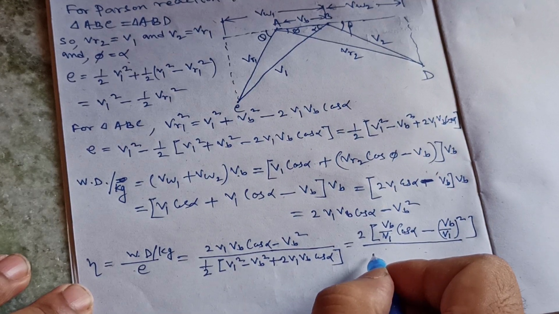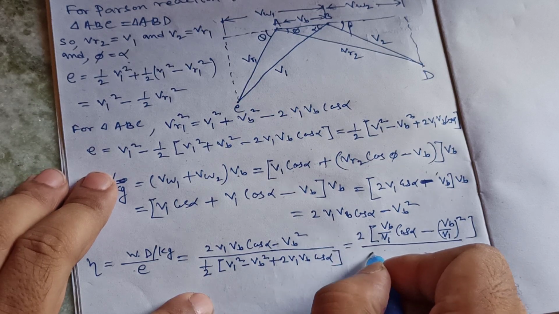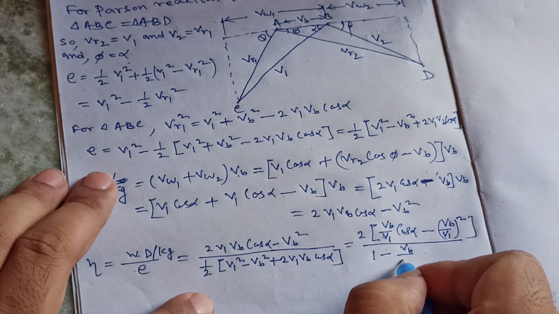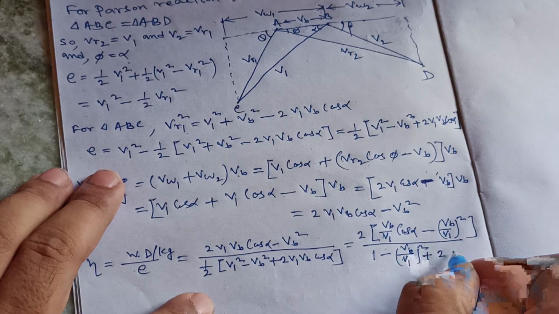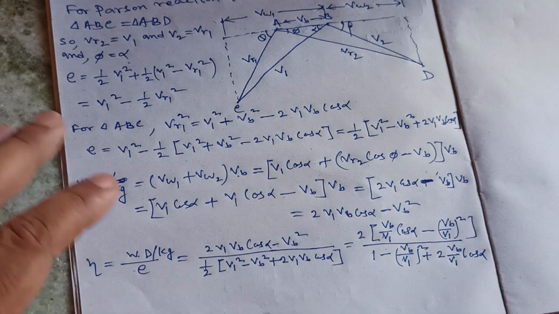Here also V1 square will be 1 minus (VB by V1) square plus 2 VB by V1 cos alpha.